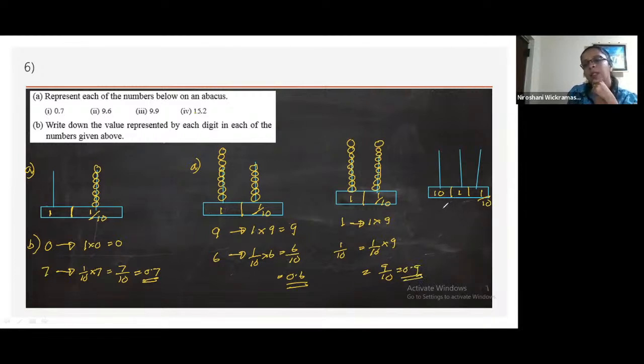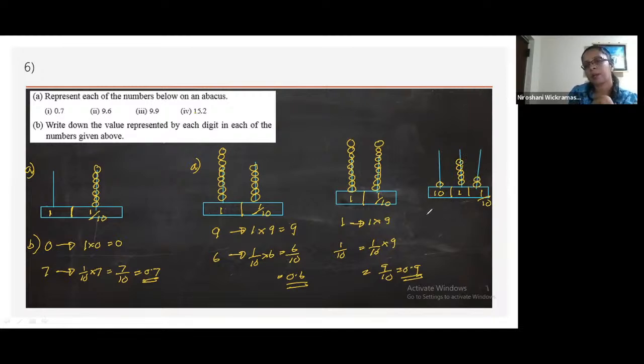Now look at this: 15.2... sorry, 15.5. So at the tens place 1, unit place 5, and the 1/10 place 2.